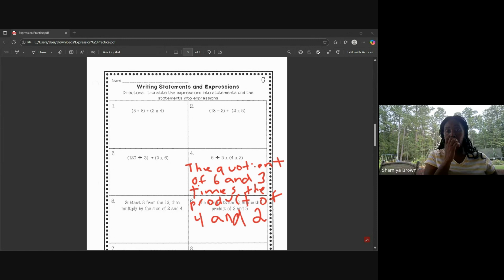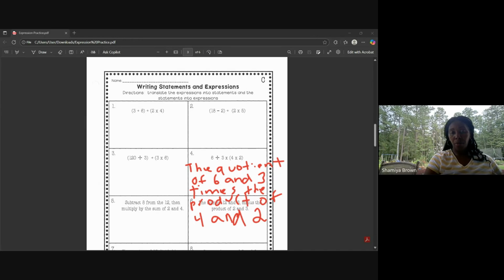So the quotient of 6 and 3 times the product of 4 and 2. So I can get the product of 4 and 2, then I could get the quotient of 6 and 3 and then multiply that by the product of 4 and 2. So that would work for that. Or you can put the quotient of 6 and 3 times the product of 4 and 2. I mean, anything like that would work.